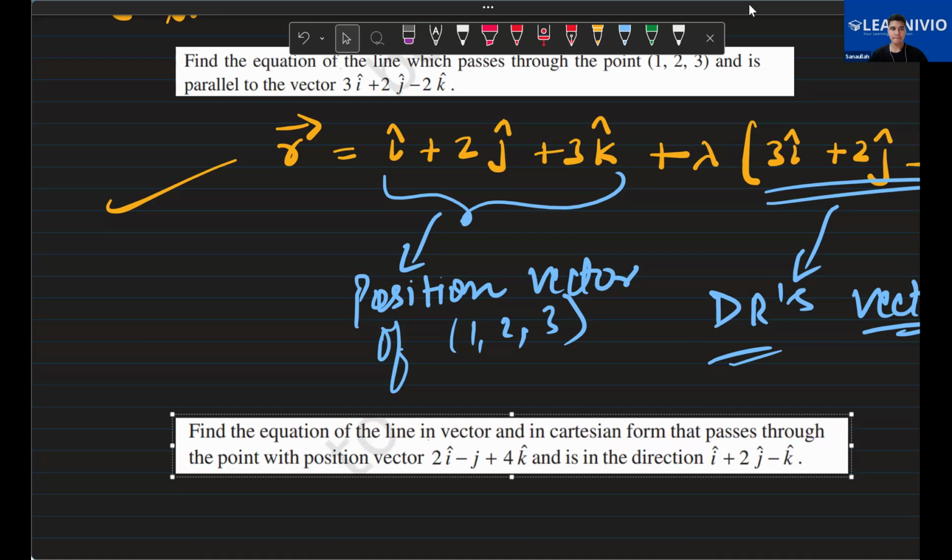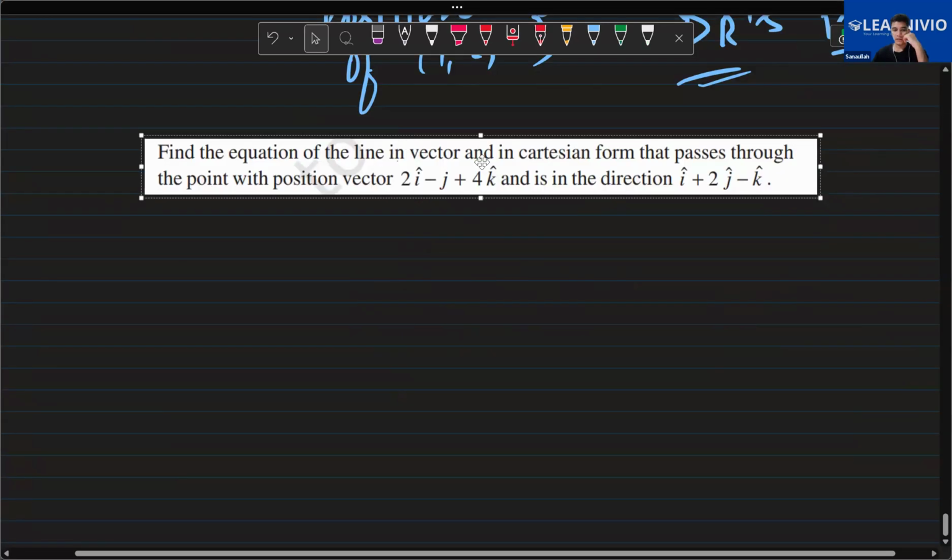Yes, sir. Find the equation of a line in vector and in Cartesian form that passes through the point of, okay, आपको ये ऑलरेडी दिया हुआ है, डायरेक्शन भी दिया हुआ है, वेक्टर फॉर्म तो इजीली आ जाएगी. द मेन थिंग इज टू फॉर्म द कार्टेशियन इक्वेशन.